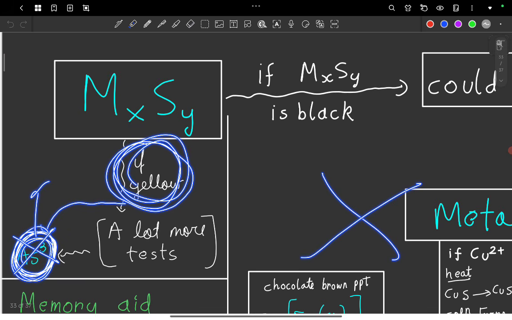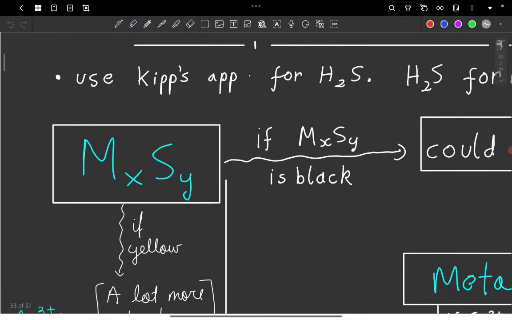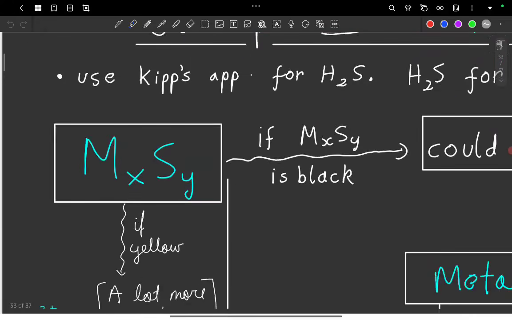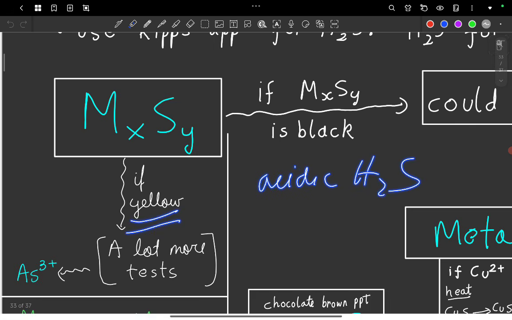Arsenic is not in your syllabus, but still I added it, and hence I did not mention its tests here. And when this precipitate MxSy forms, if it is yellow, if it's given to you that something reacts with dilute HCl and then with acidic H2S and it forms a yellow precipitate, then you have to confirm the presence of the arsenic ion, As3+.